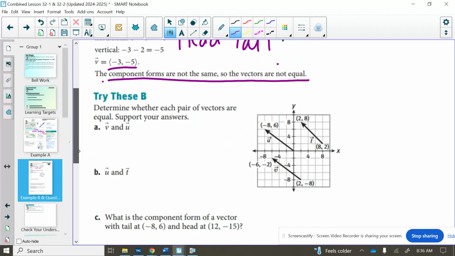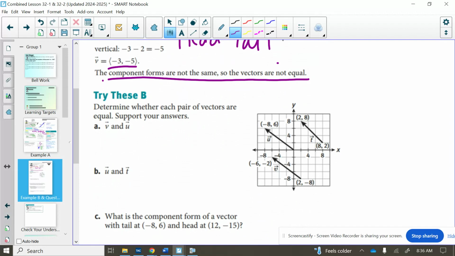So if we look at this picture below, we are given 3 different vectors. The first ones we are given are V and U. If we look at vector V, we are moving to the left 2, 4, 6, 8 units to the left, excuse me. So for vector V, we have a vertical component of 2, 4, up 6 units, because each unit's counting by 2.